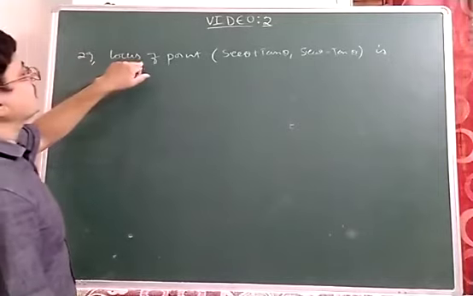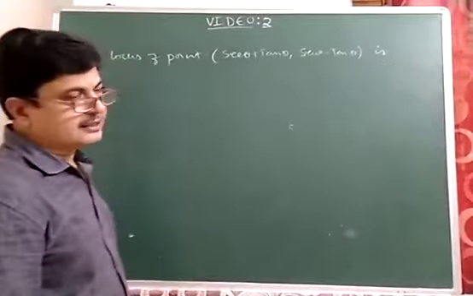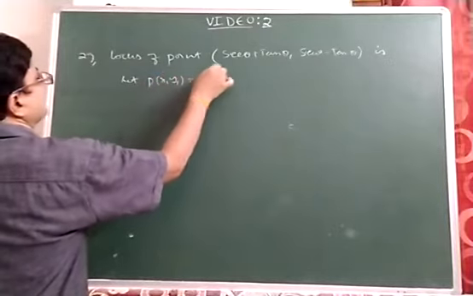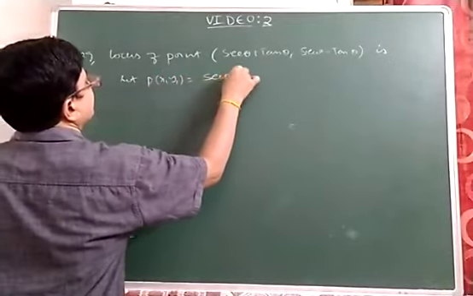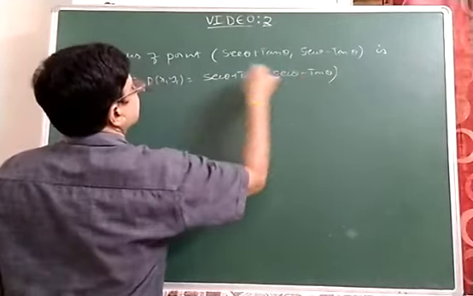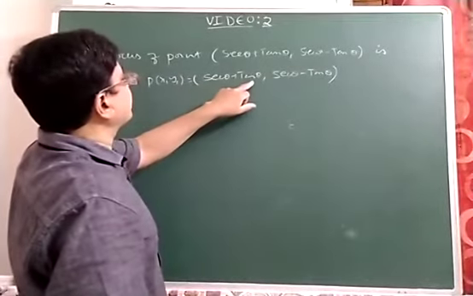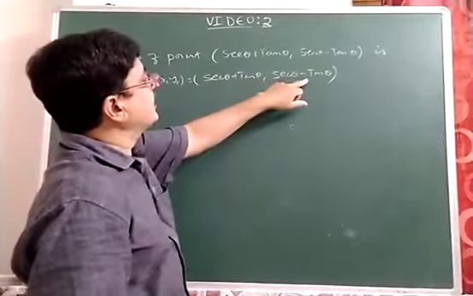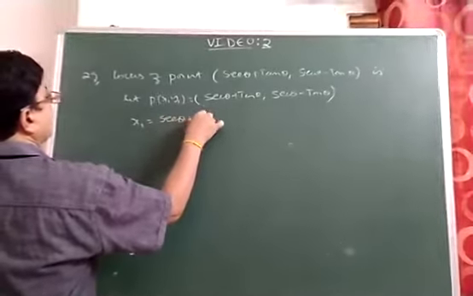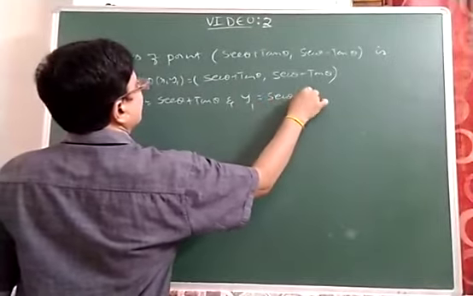29th question. Locus of the point (secant theta plus tan theta, secant theta minus tan theta). Let the point P (x1, y1) be equal to (secant theta plus tan theta, secant theta minus tan theta). So x1 is equal to secant theta plus tan theta and y1 is equal to secant theta minus tan theta.